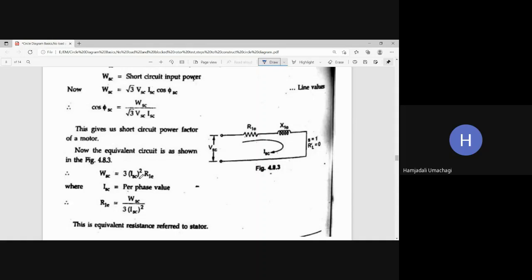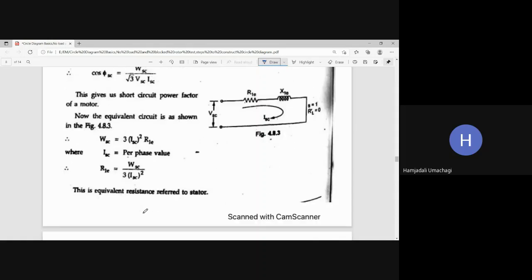From this expression I can write R1E, the equivalent resistance referred to the stator side. One stands for stator, two stands for rotor in the case of an induction motor. So the equivalent resistance referred to the stator side is R1E equal to the ratio of WSC by 3 times ISC squared.